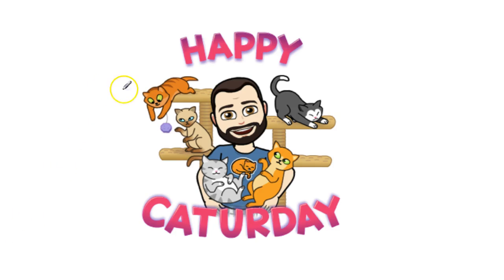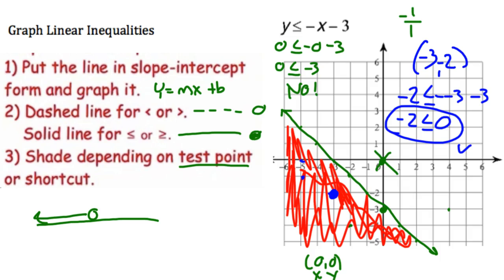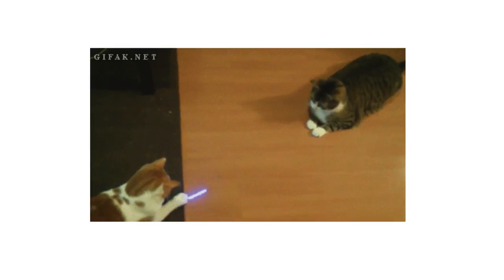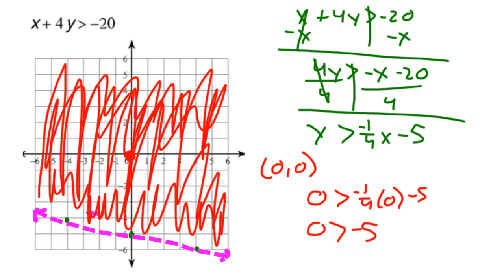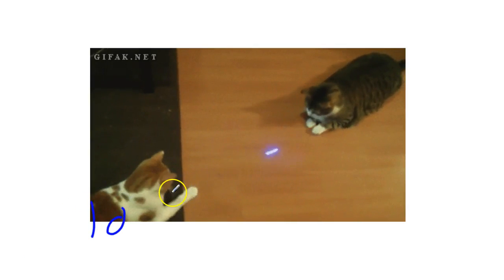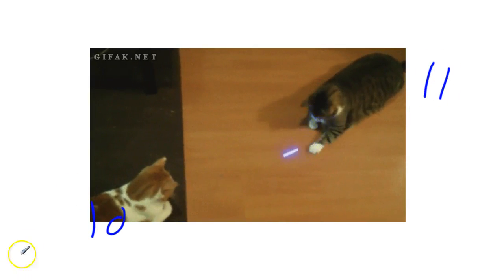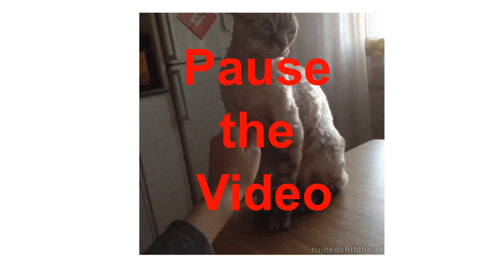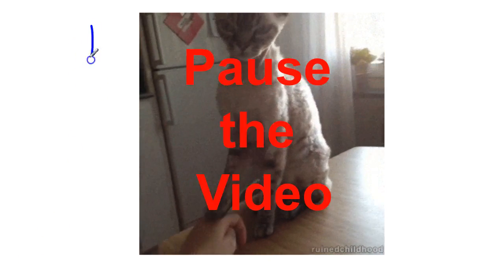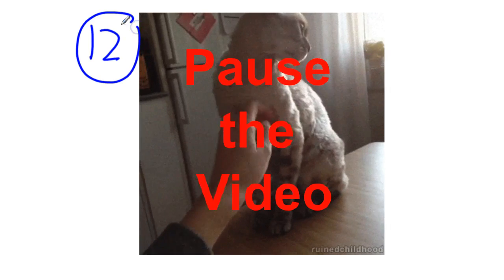Nothing there. 3, 4, 5, 6, 7. On my shirt. 8. This guy right here. 9. 10. 11. And lastly, this guy, 12. So there were 12 cats in the video.